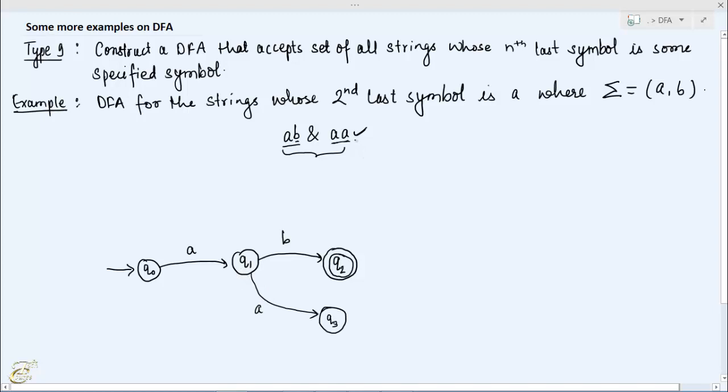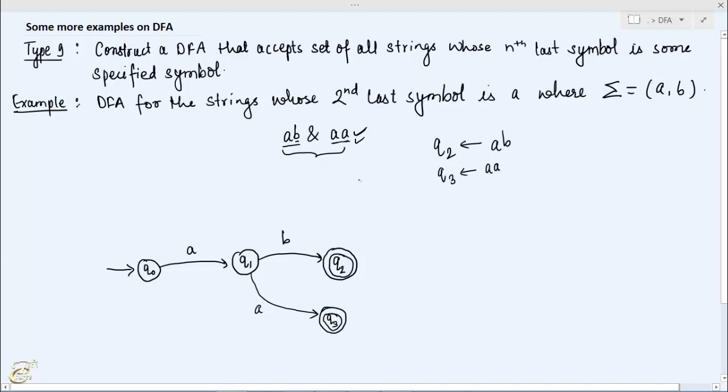Since this basic string also belongs to this language, we make this Q3 state an accepting state. Here, reaching the Q2 state indicates that the last two symbols of the string are AB. Similarly, reaching the state Q3 indicates that the last two symbols of the string are AA.